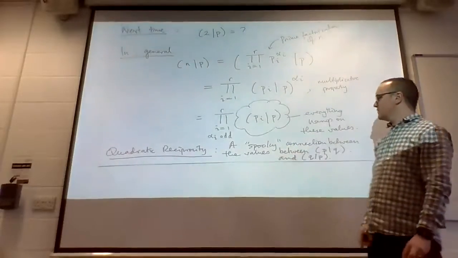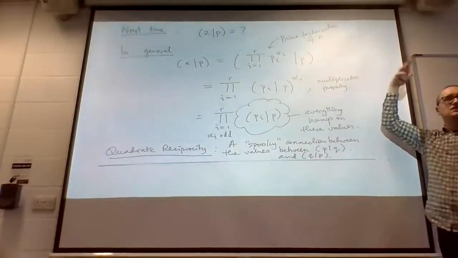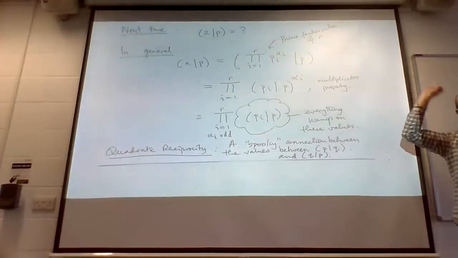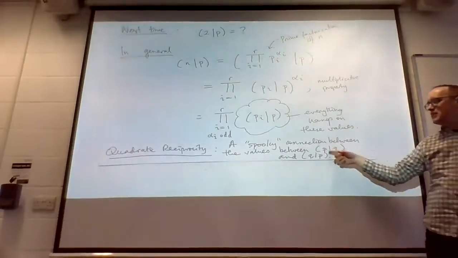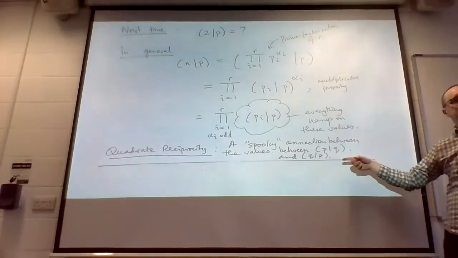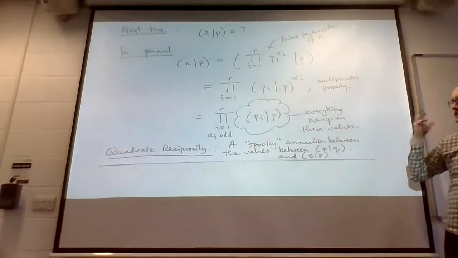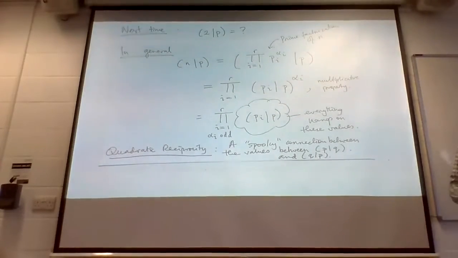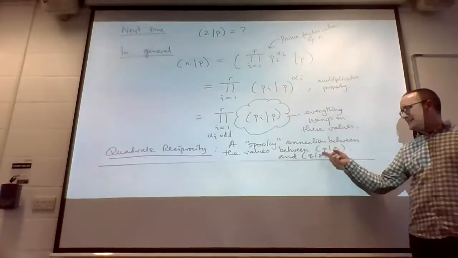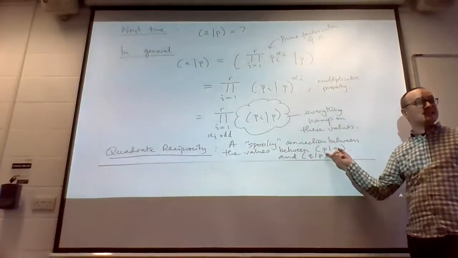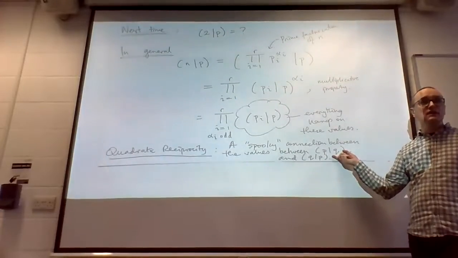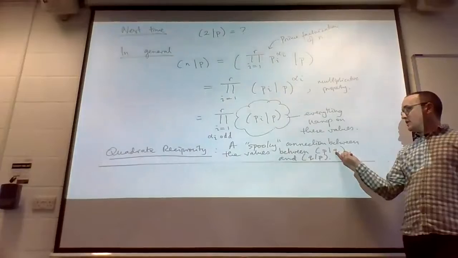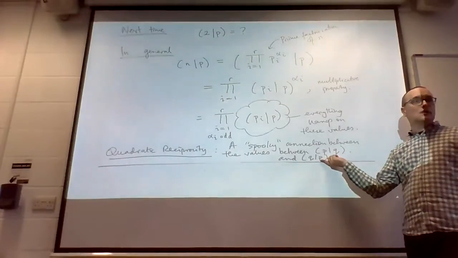I say spooky connection because from the definition of quadratic residue, there's nothing in it that screams out that there should be a connection between these two things. It's a little bit mysterious, and it's quite a deep principle in mathematics, and it has lots of consequences, and opens up a lot of number theory and algebraic considerations: that there is a strong explicit connection between whether p is a residue modulo q and whether q is a residue modulo p.